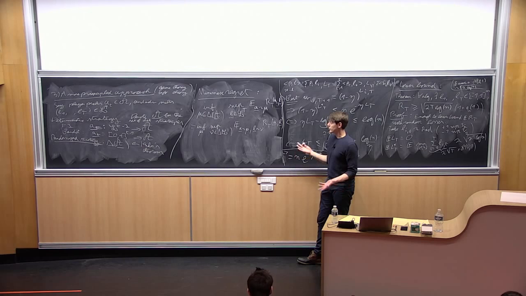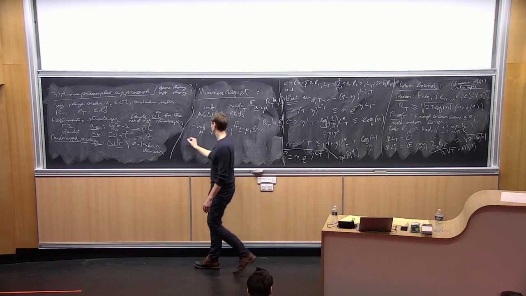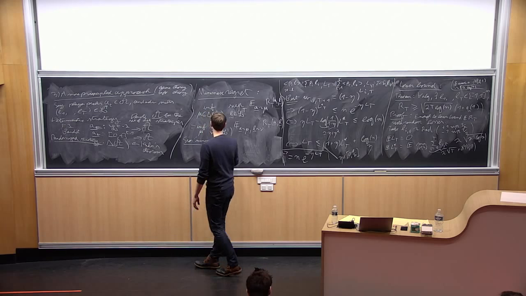And now the smart move is just to swap the inf and the sup, which you can do by Sion's minimax theorem. So let me remind you, Sion's minimax is the following.